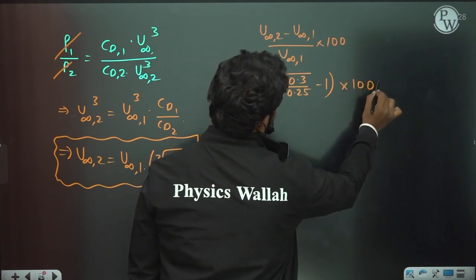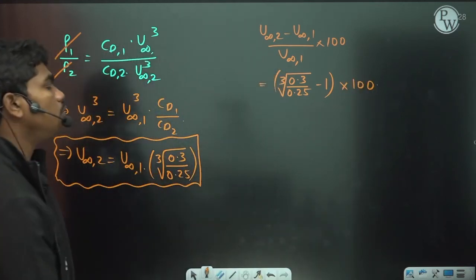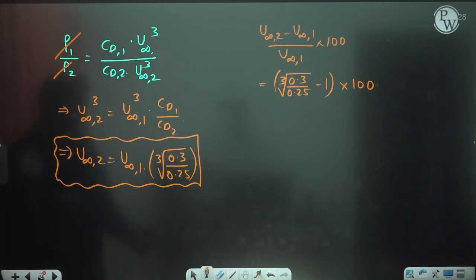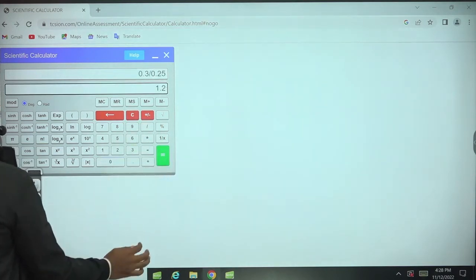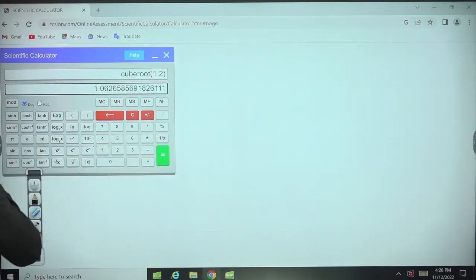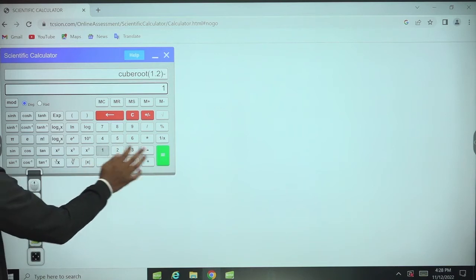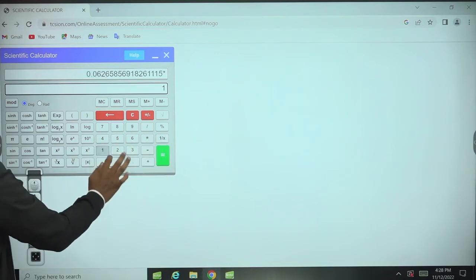So this is the value that you will get here. Let us simplify 0.3 divided by 0.25, cube root of this, minus 1, into 100 and see what comes out.